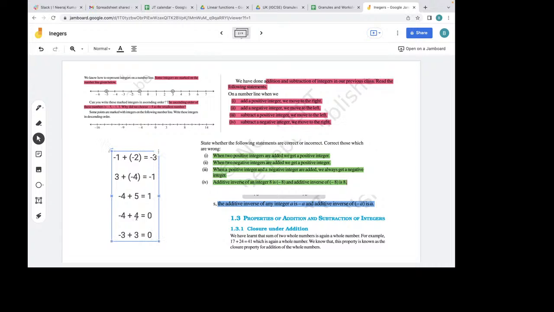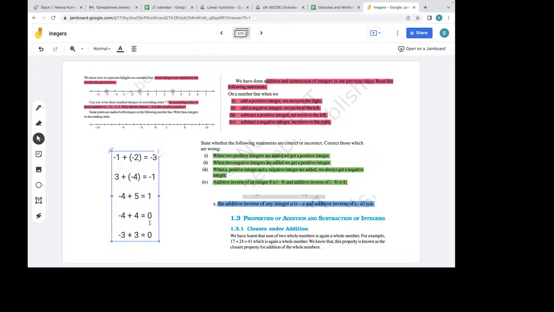Alright, so from this example, what I am trying to show is additive inverse. Here you can see the additive inverse of any integer a is -a, and the additive inverse of -a is a. So if there's 4, its additive inverse is -4.